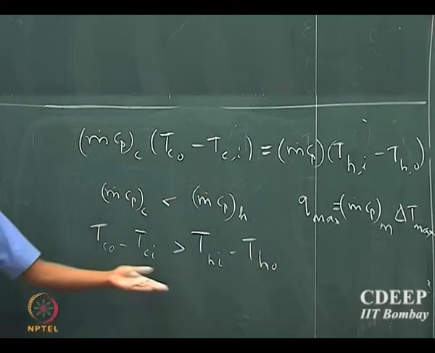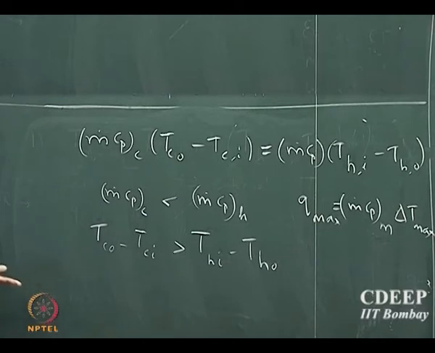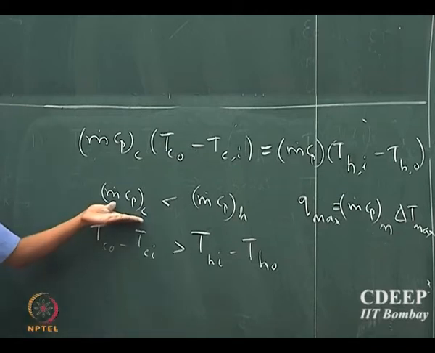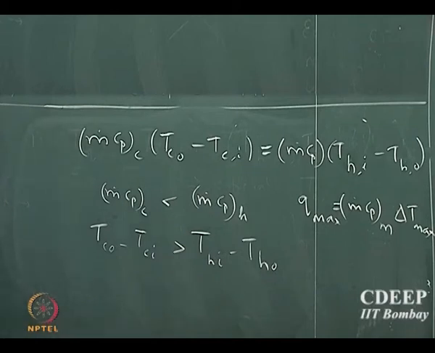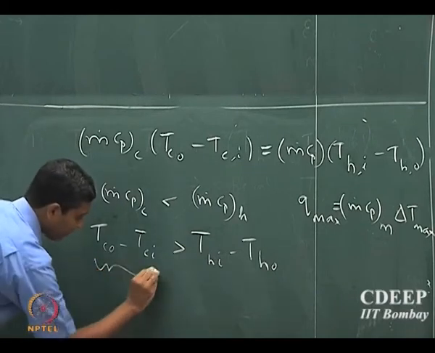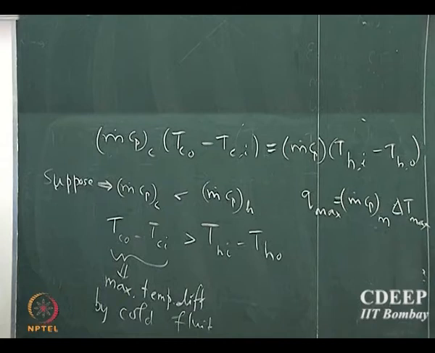That gives you a very clear way to find out which stream can have the maximal temperature difference. If the m dot Cp of the cold fluid is less than the m dot Cp of the hot fluid, then it is the cold fluid which will always achieve the maximal temperature difference.